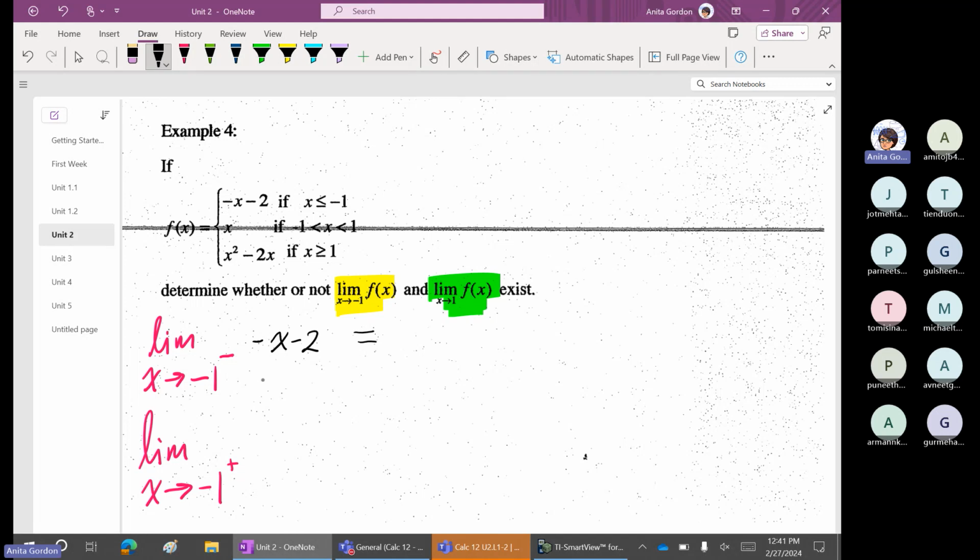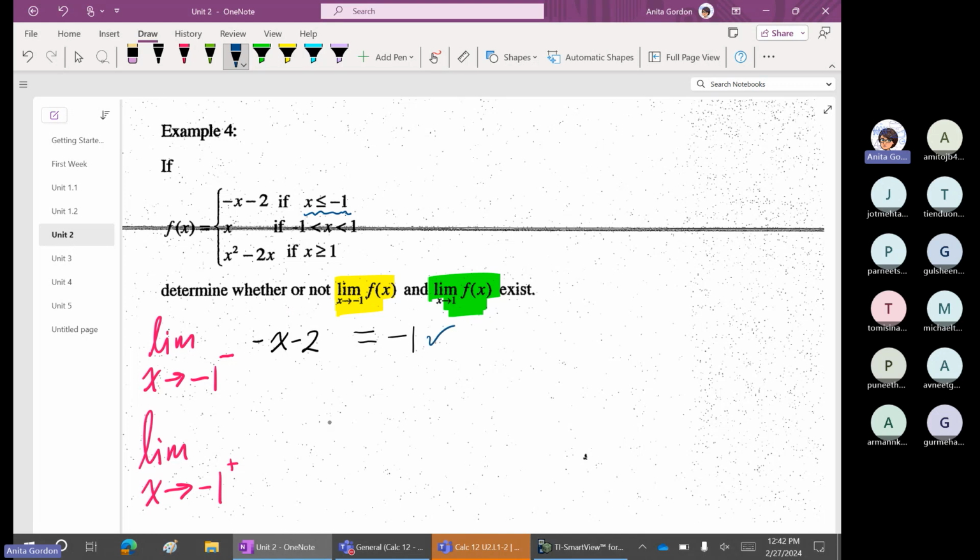If I'm at -2, -1.5, -1.1, what number are we approaching? -1. Right. And the other way that you could do this is by inspection here. x is allowed to equal -1. And because I don't have a denominator, I could cheat a little bit and just stick -1 in there. Negative times -1 is +1. 1 minus 2 is -1.